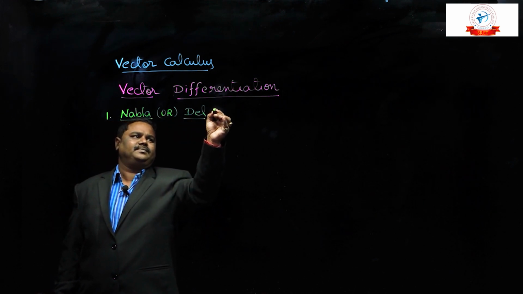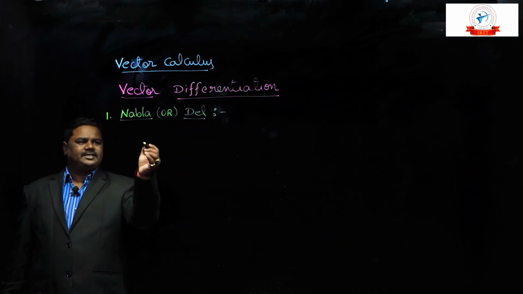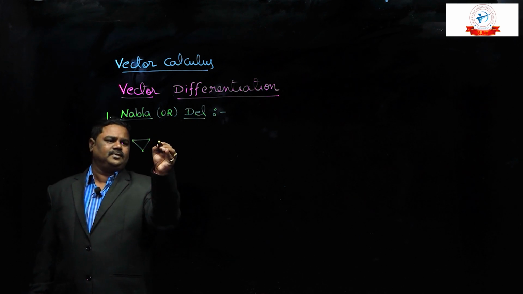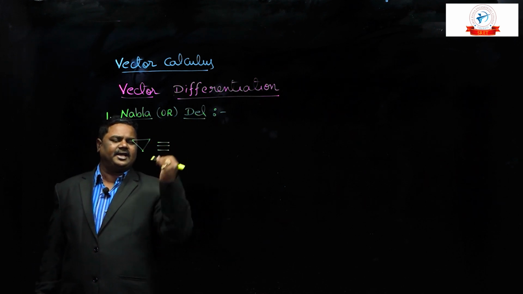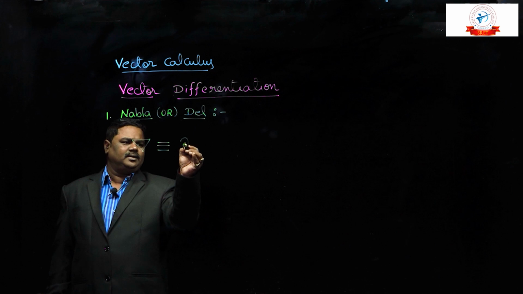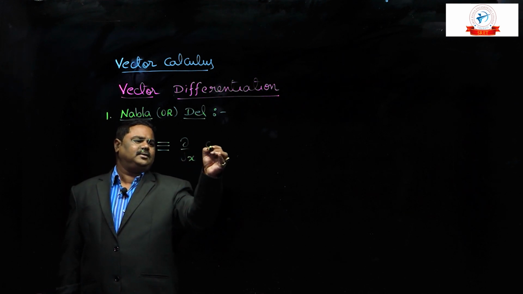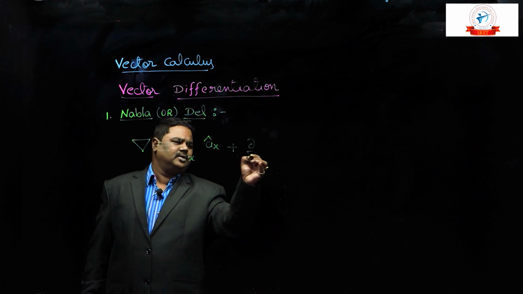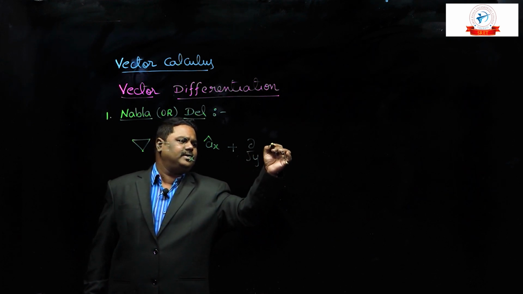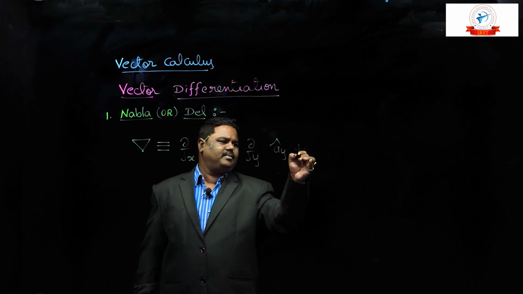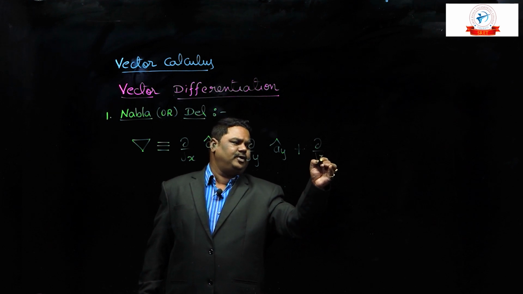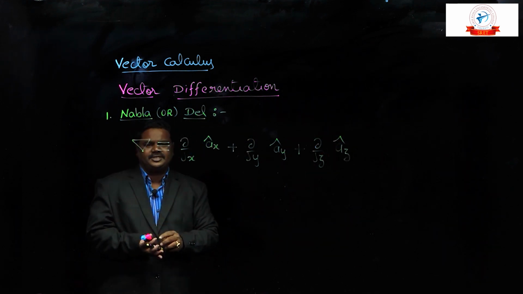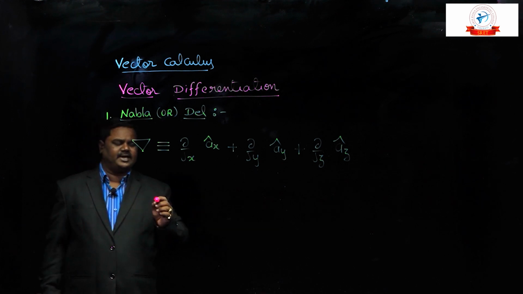It is denoted with a triangle like this, which is identically equal to dou by dou x into a x cap plus dou by dou y into a y cap plus dou by dou z into a z cap. So, this is called the del operator, or nabla.